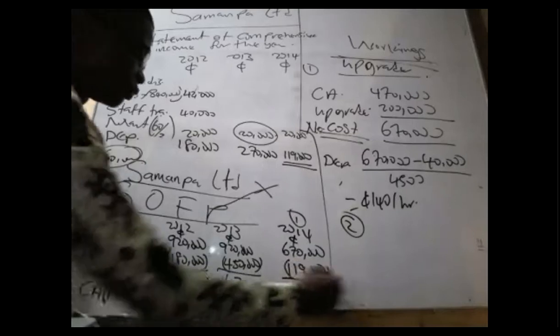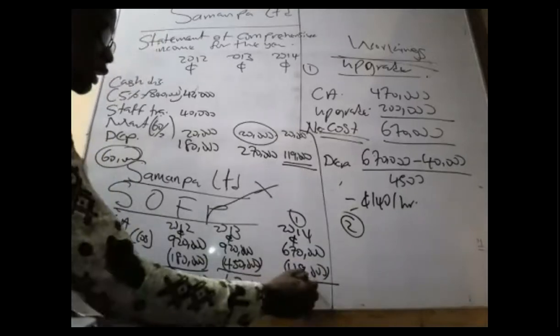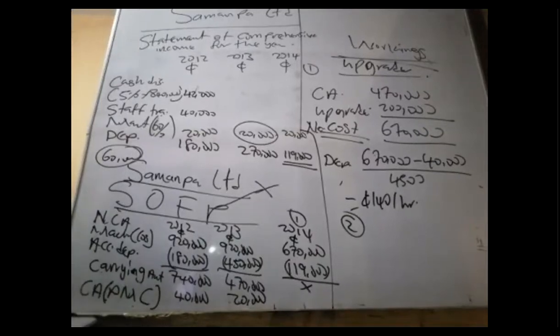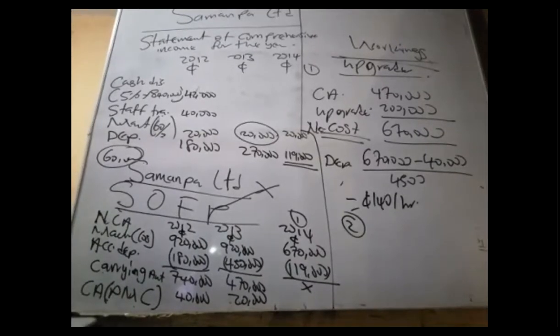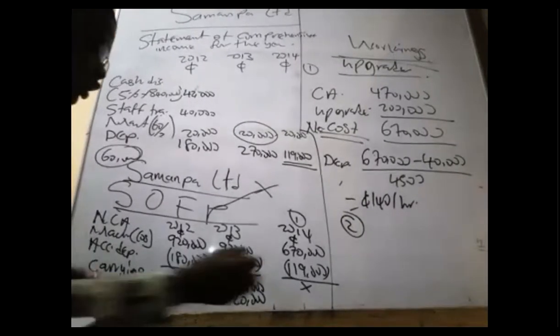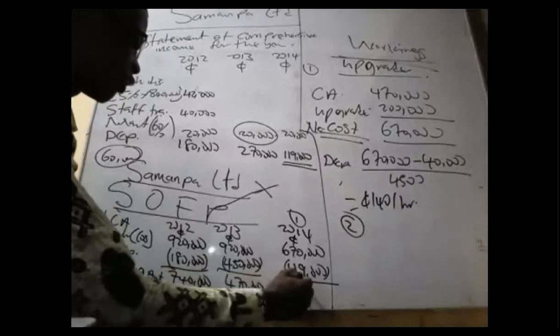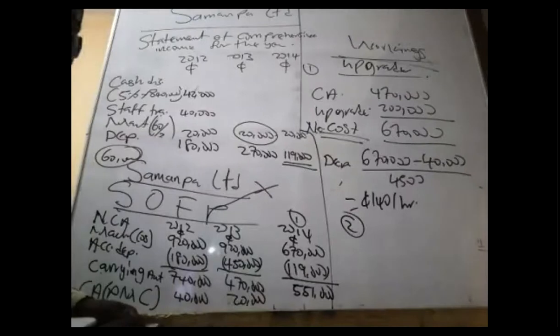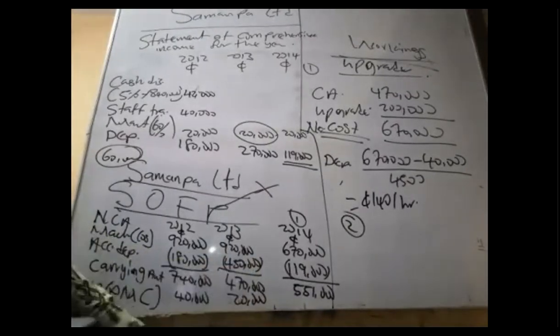You take it off, and whatever you get is the carrying value. So 670 minus 119 is 551, so the carrying amount at the end of the year will be 551,000. That's the first approach.